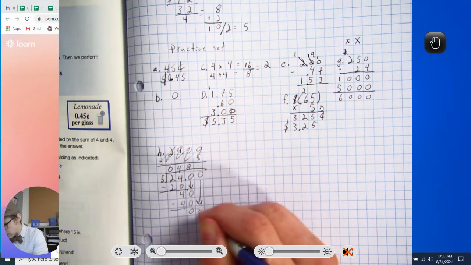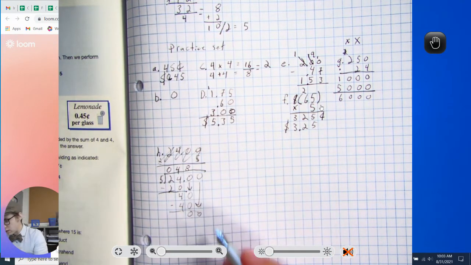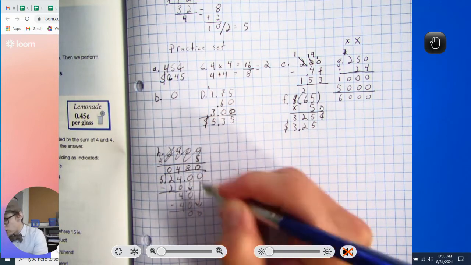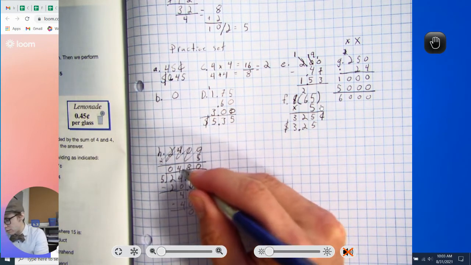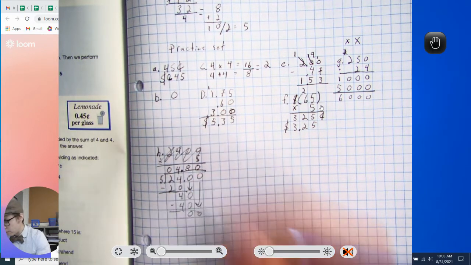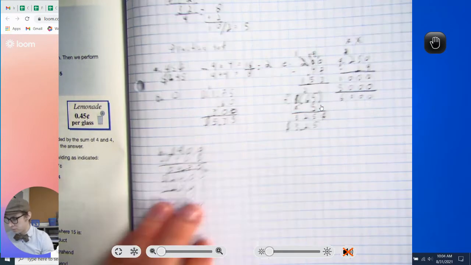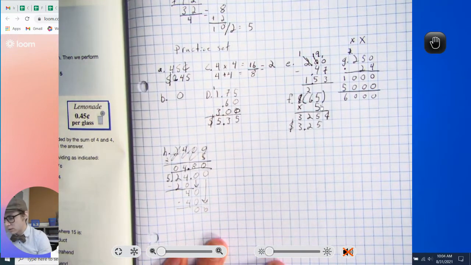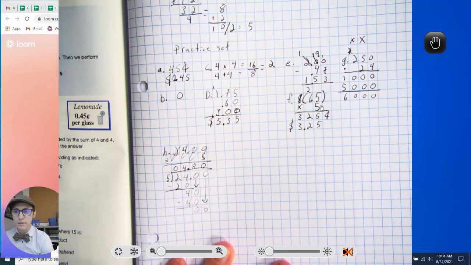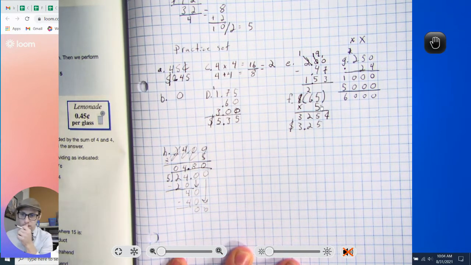That other 0 comes down, and 5 goes into 0 0 times. So our answer is 4, and the decimal goes up, 4.8. So if you were supposed to divide $24 evenly for 5 different people, each person would get $4.80.